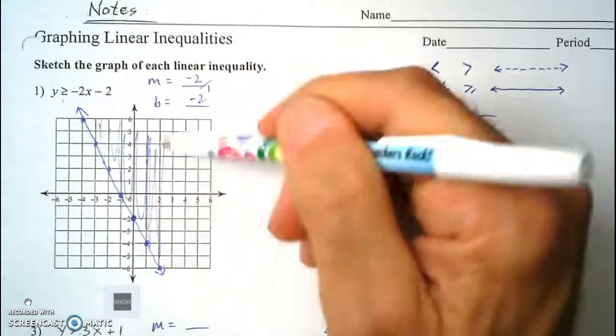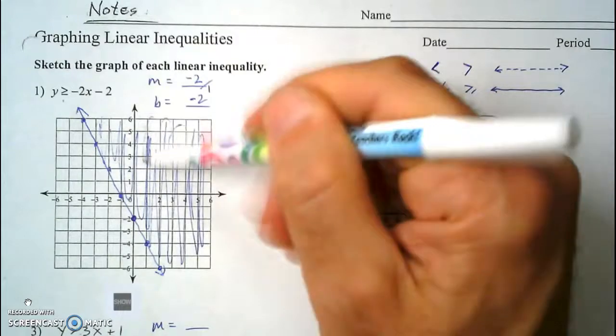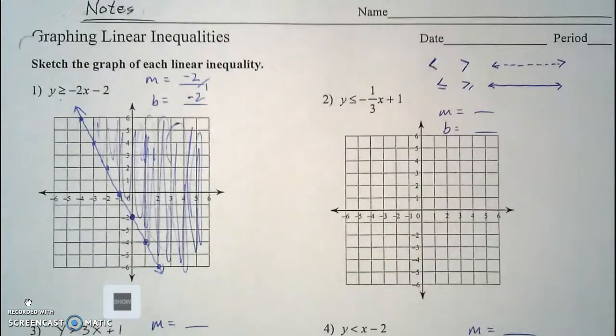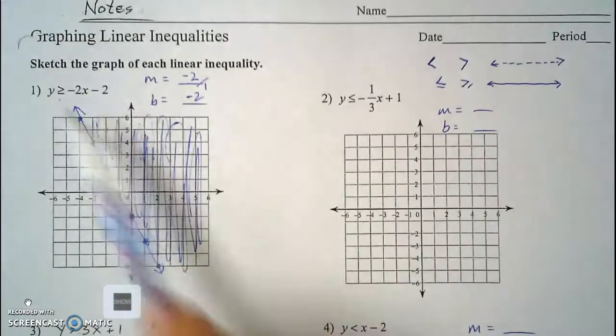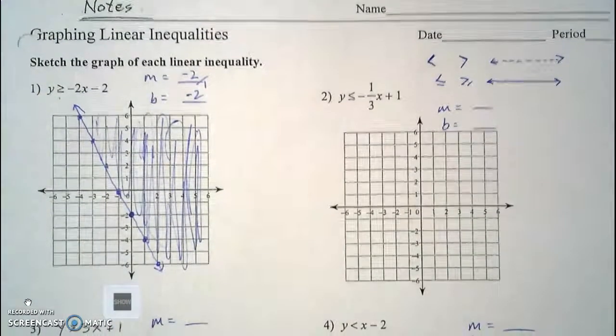You have to shade in that whole region there. That's really it. I could just randomly take a point in the shaded region, put the x number in for x, the y number in for y, and I will get a true statement.